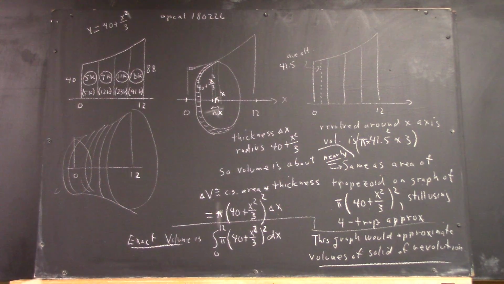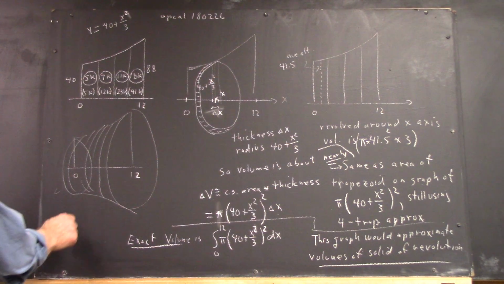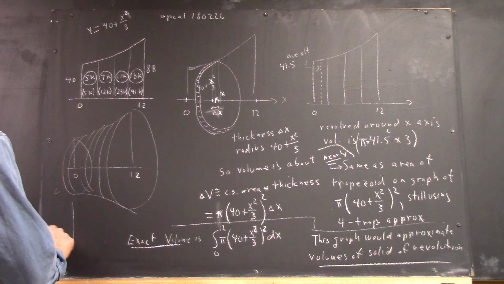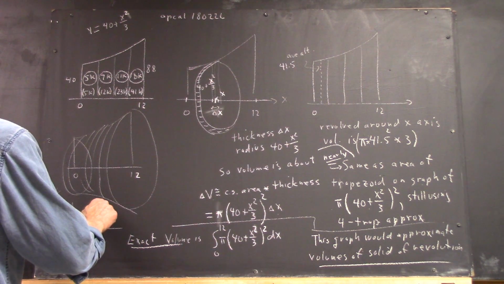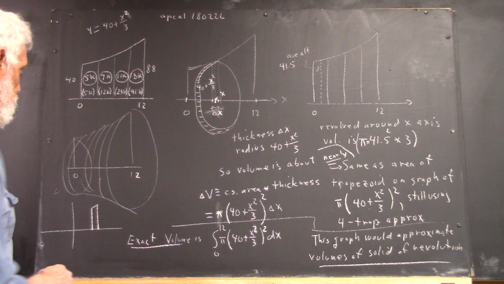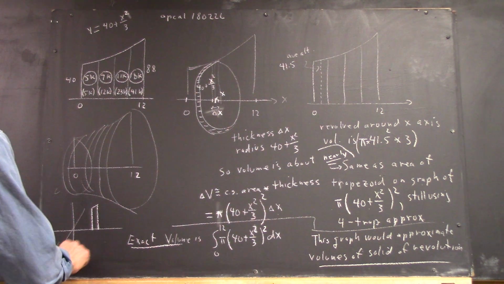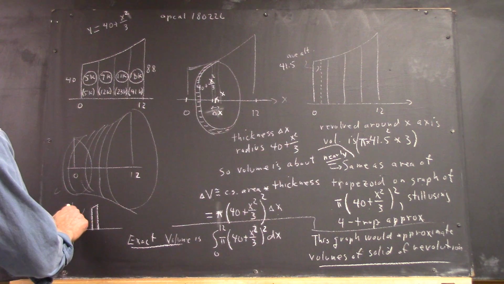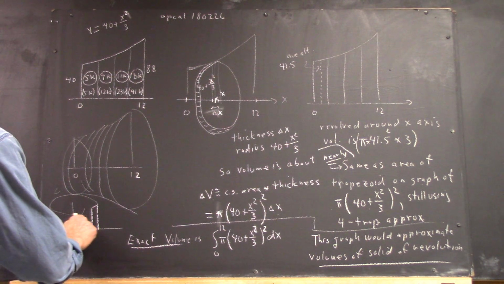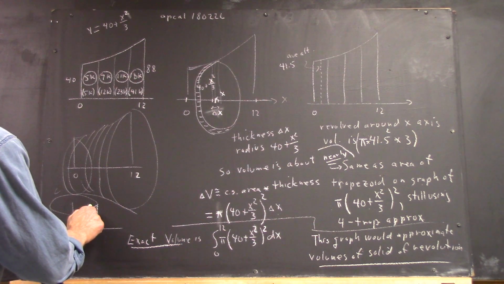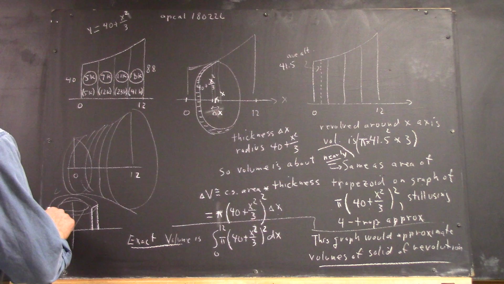And I'll let you think about the question, what happens if you revolve around the y-axis? I'll just give you the picture. You take a typical section of this graph and revolve it around the y-axis. Well, you get, not very well drawn.